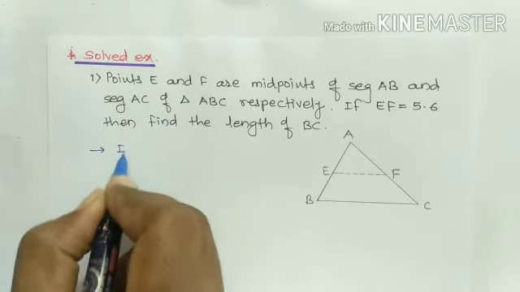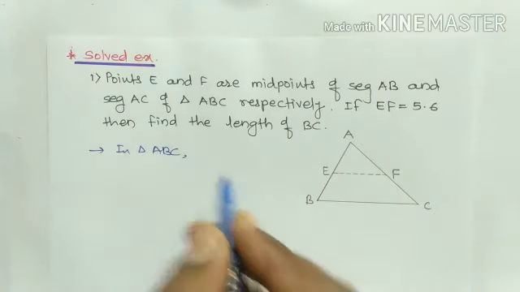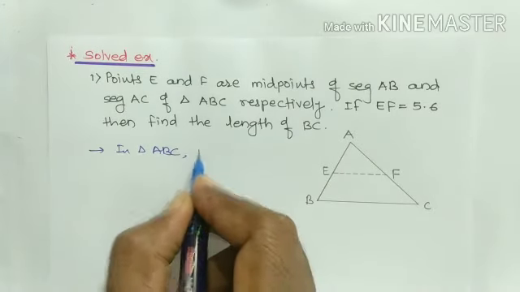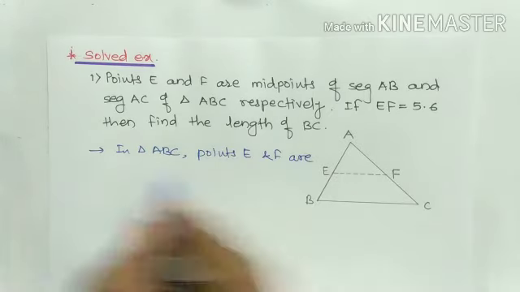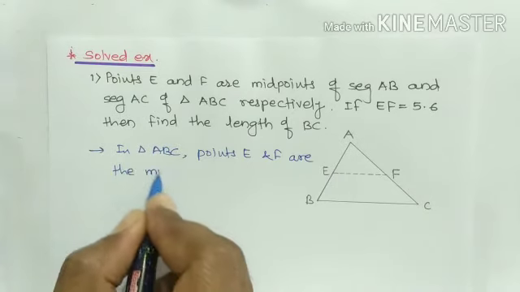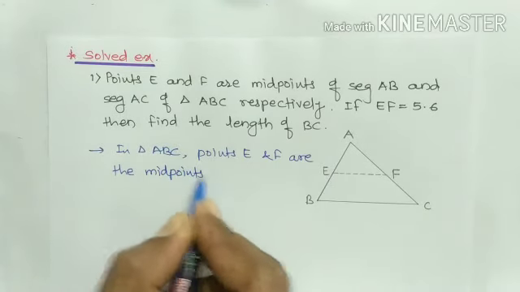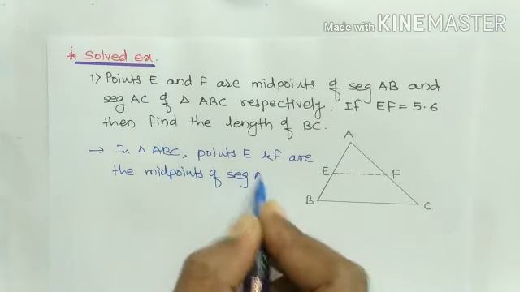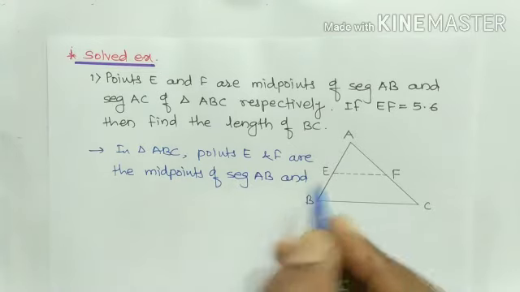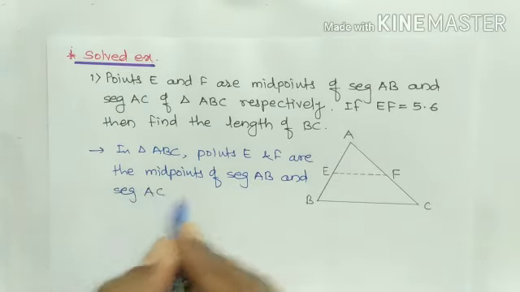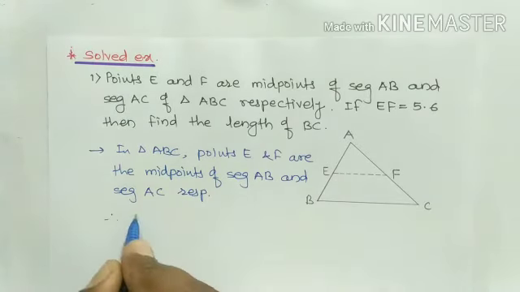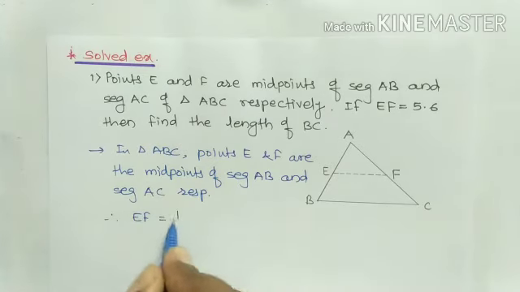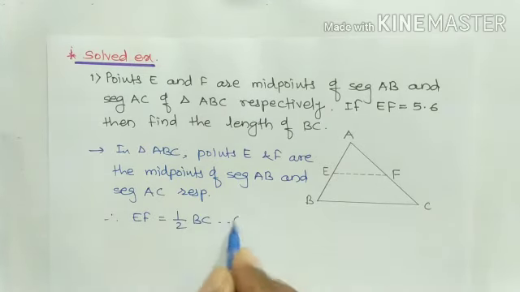Here in triangle ABC, points E and F are the midpoints of seg AB and seg AC respectively, and therefore EF equals half BC by midpoint theorem.